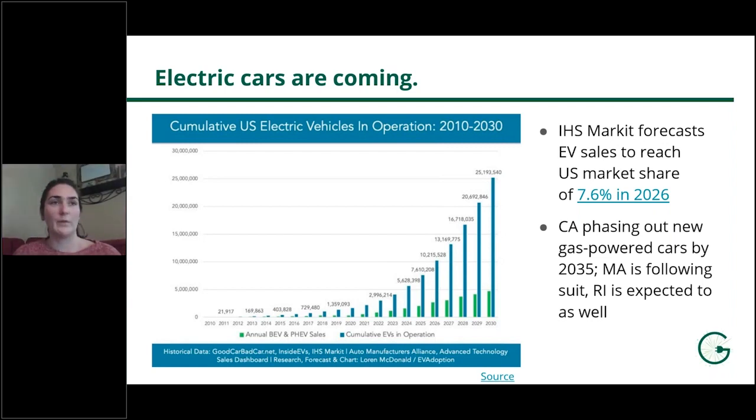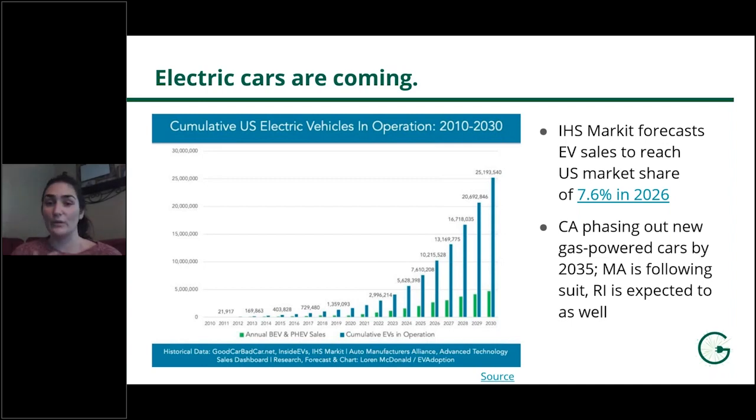While we know that more cars are coming soon, it is a slower process. It's not something that's instantaneous because electric vehicles and vehicle purchasing in general is a big purchase and something that people make relatively infrequently. However, once you do have that, it's great for the cumulative electric vehicles in operation, which you'll see here illustrated on the graph.